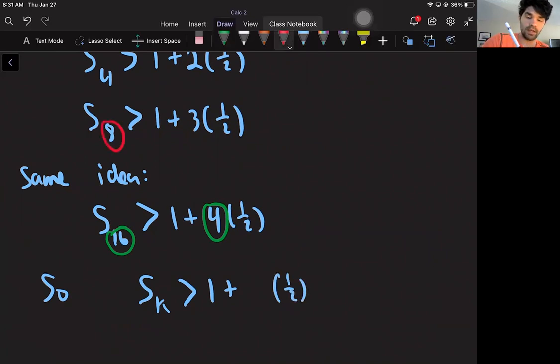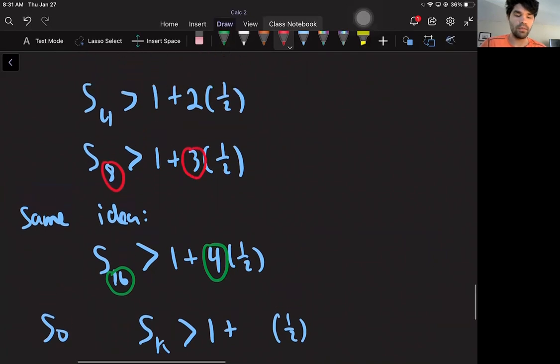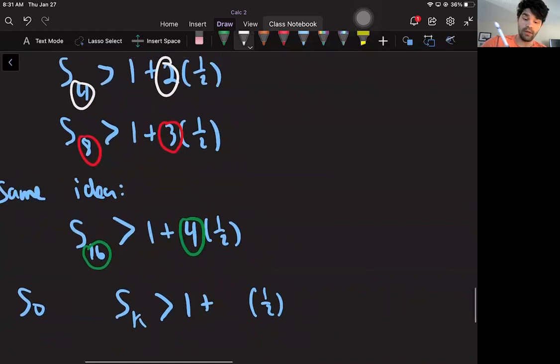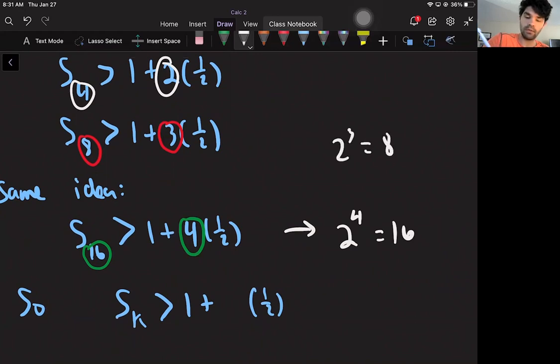And this 8 is not the same as this 3. And this 4 is not the same as this 2. But what's going on is that it's just powers of 2. So 2 to the 4th gives you 16, right? 2, 4, 8, 16. 2 to the 3rd gives you 8, and 2 squared gives you 4.